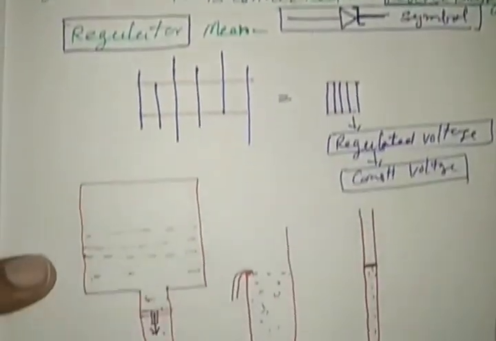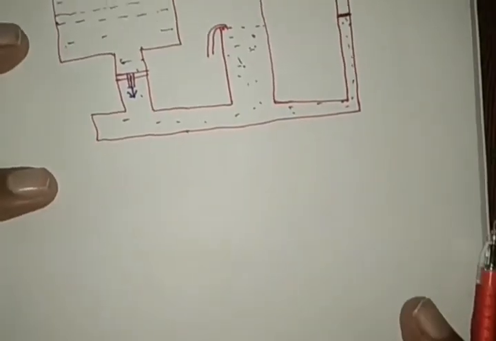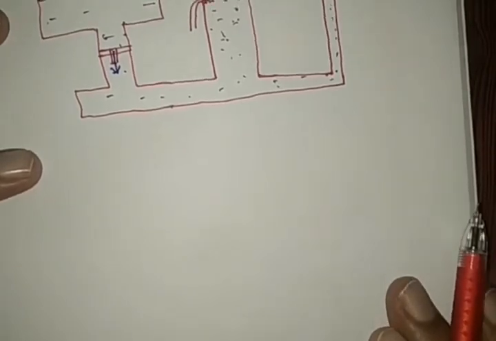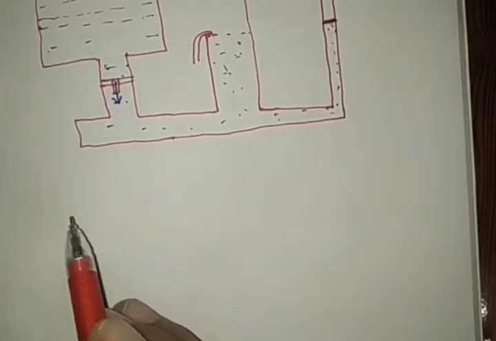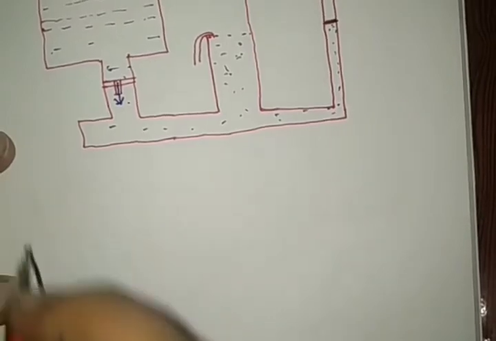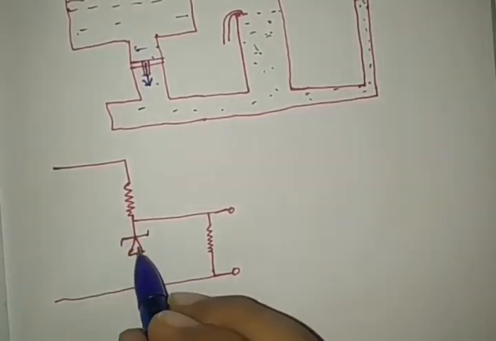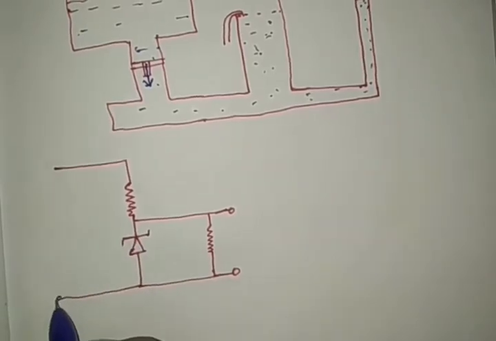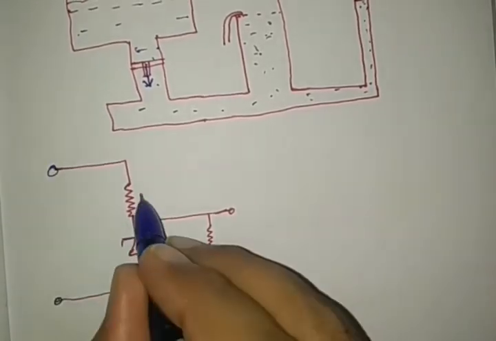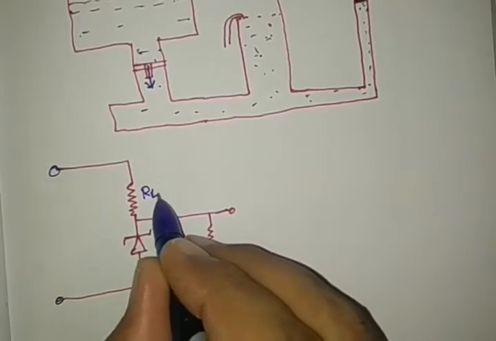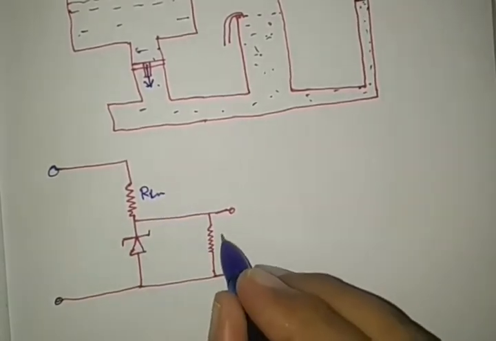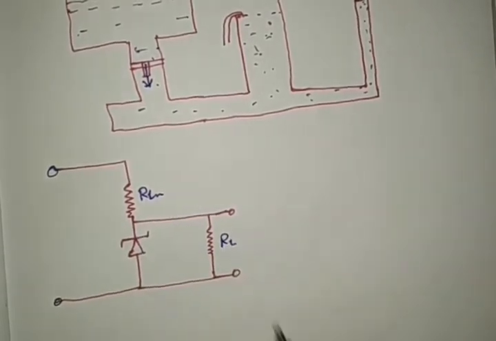This is the extra water. How does it work? See here, to understand the working of it very carefully. A Zener diode is connected in reverse bias. This is the input, this is the input resistance, and this is the load resistance in this case.